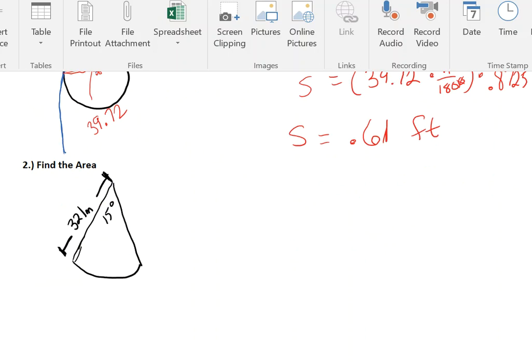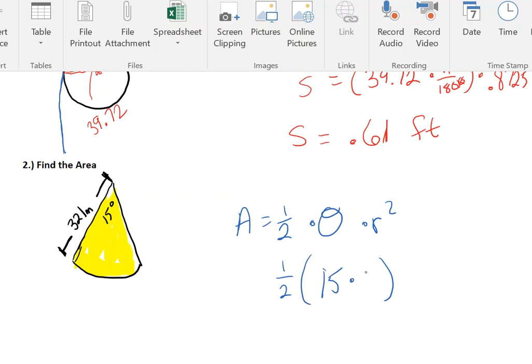And finally, in the last example, I'll show you kind of the area. And if you look at this, this is area of a sector because you can kind of see that rotation. So we're trying to figure out that portion in there. If we remember what the formula is, it's area equals half times theta times r squared. Again, we want theta to be in radians. So I'm going to times this by pi over 180.